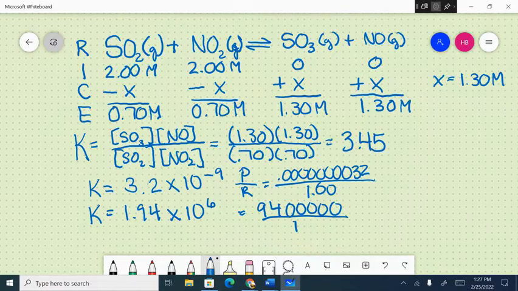So those are the things that you're going to see K referred to as. Either the reaction doesn't really happen, or the reaction pretty much goes to completion. Or if you have a number like this, you're just going to say, oh, that definitely happens, but it favors the products.